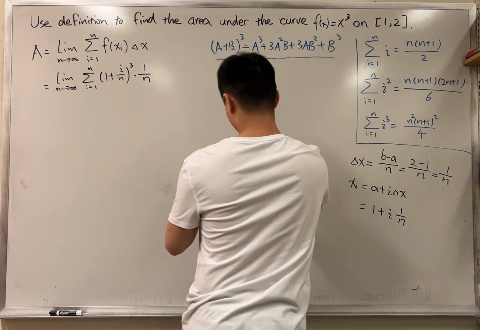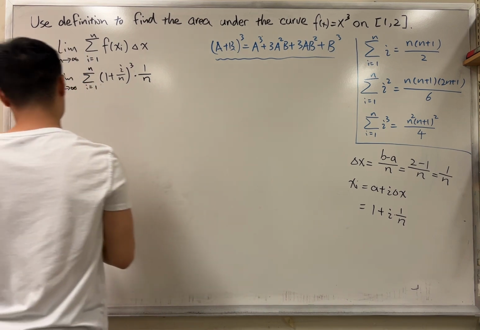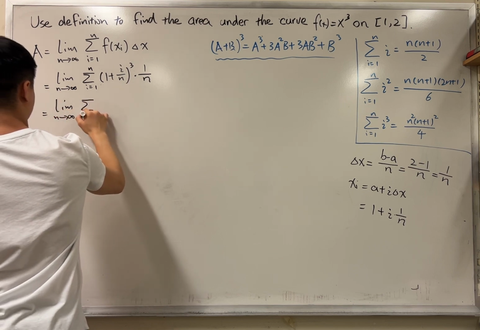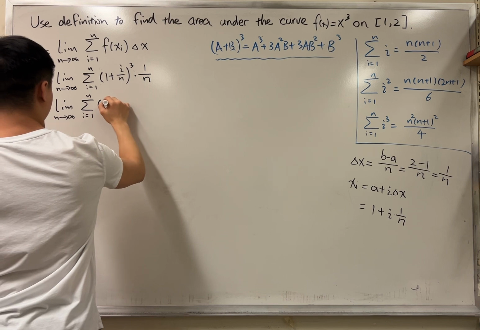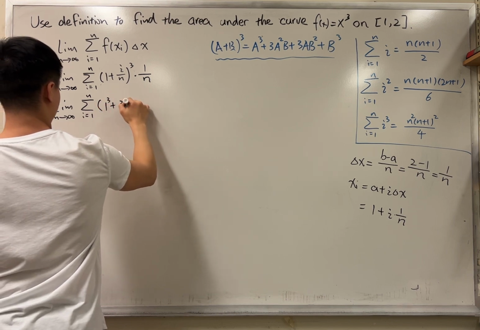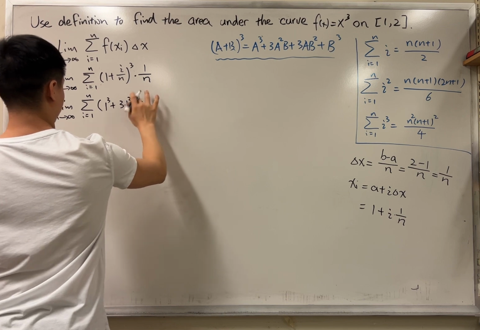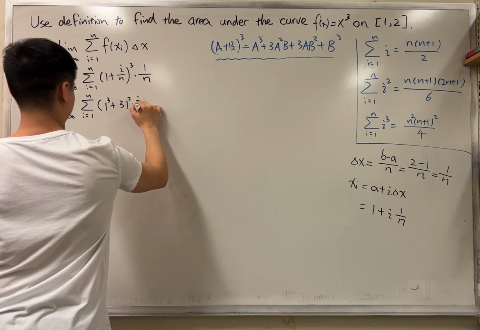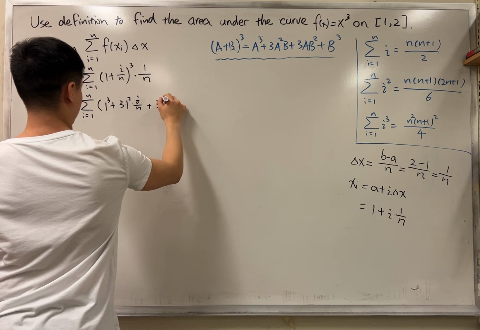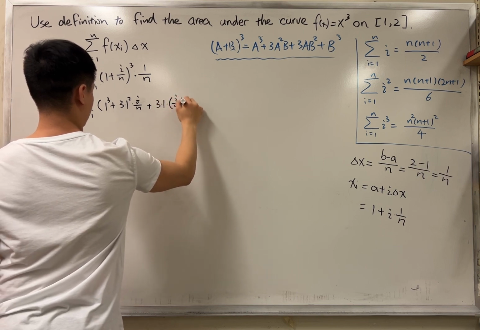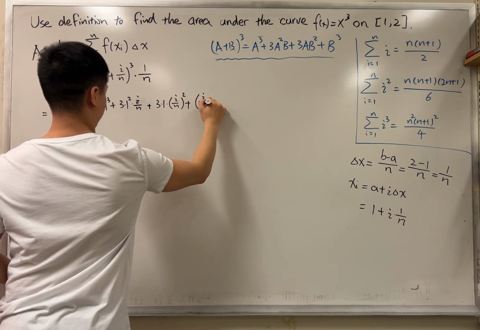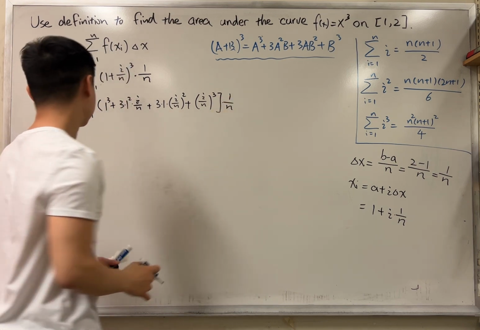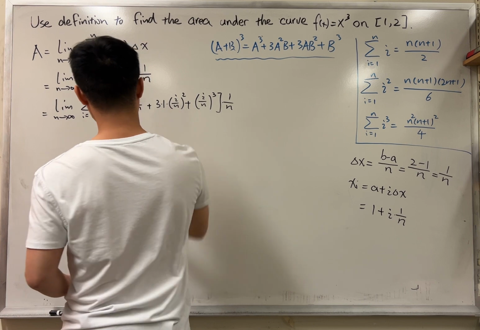Using this formula to expand that cube, we will have the limit, and then this is going to be 1 cubed plus 3 times 1 squared times i divided by n plus 3 times 1 times i divided by n squared plus i divided by n cubed, times 1 over n.